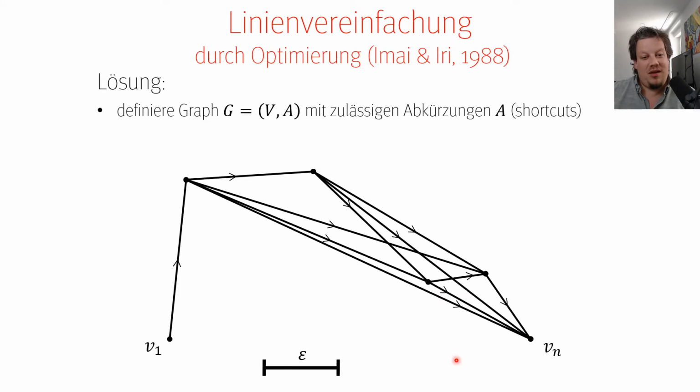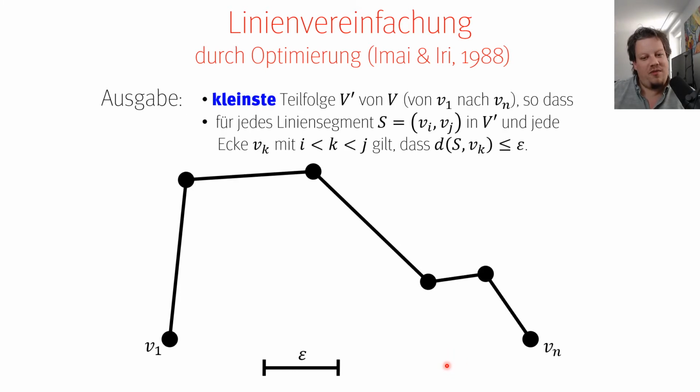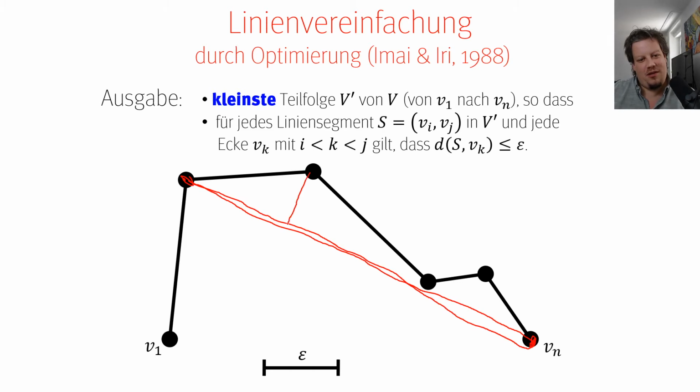But as you can see here, which maybe wasn't super obvious before, if we go from here to here, okay, this is a straight line, believe me, then actually this distance is also less than epsilon. So we hadn't really noticed before, and Douglas-Peucker definitely didn't notice it.